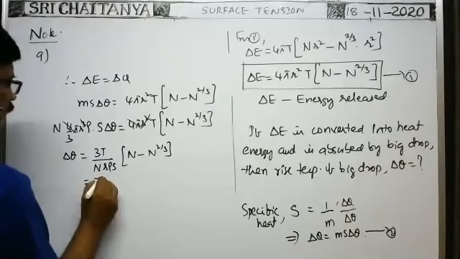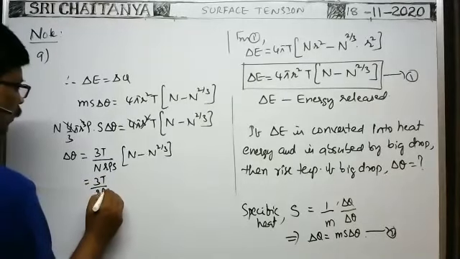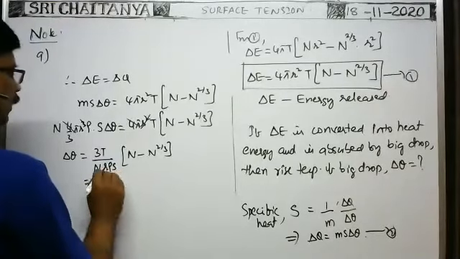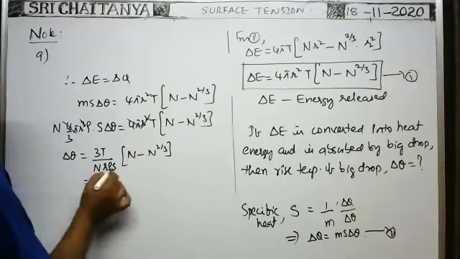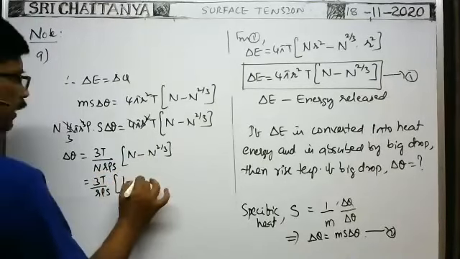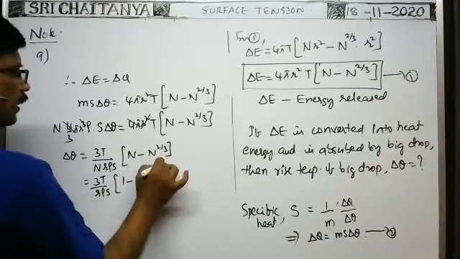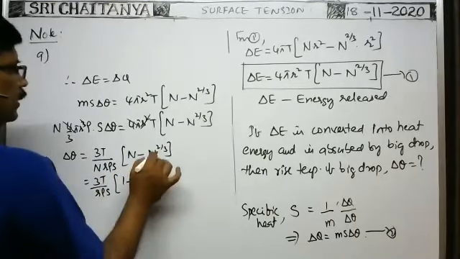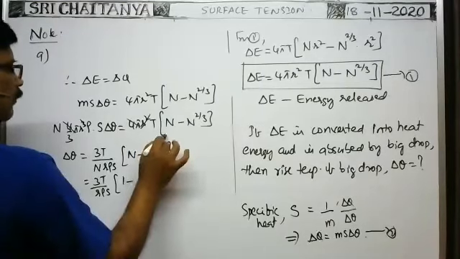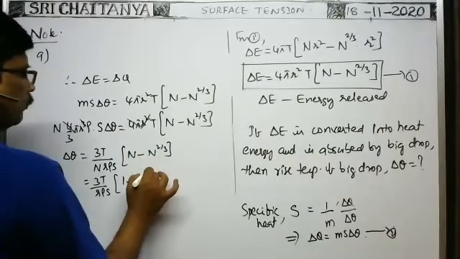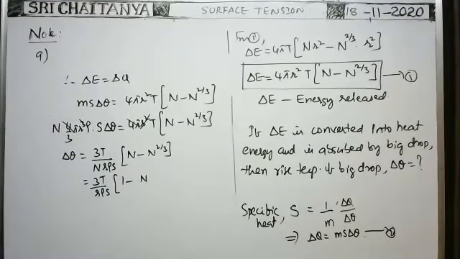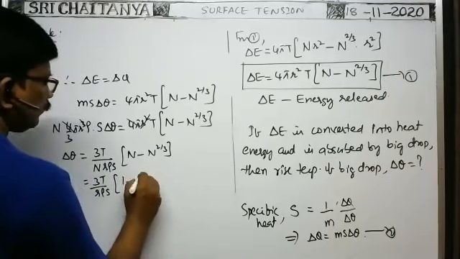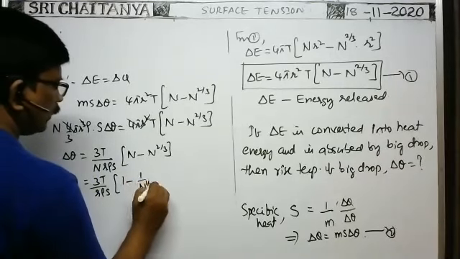That is equal to 3T by r rho s, dividing with n, of n minus n to the power of 2 by 3 by n. Here n is there, no? So 1 minus n to the power of 2 by 3 minus 1, which is minus 1 by 3. Minus 1 by 3 means 1 by n to the power of 1 by 3 we can write.